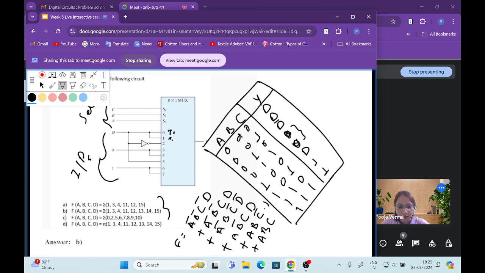So we need to minimize it. So we have to put all these things into the K map so that we can find out the overall min terms.